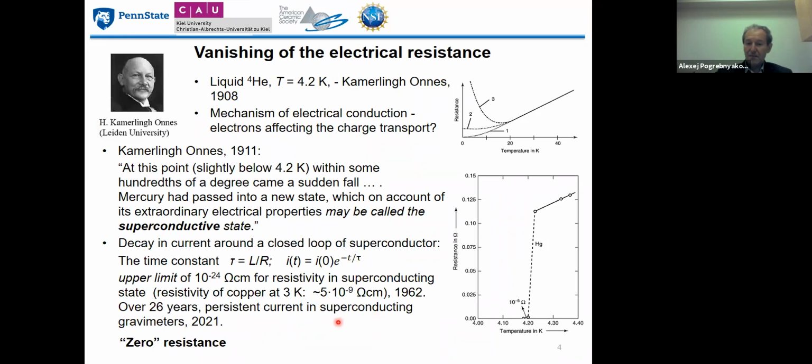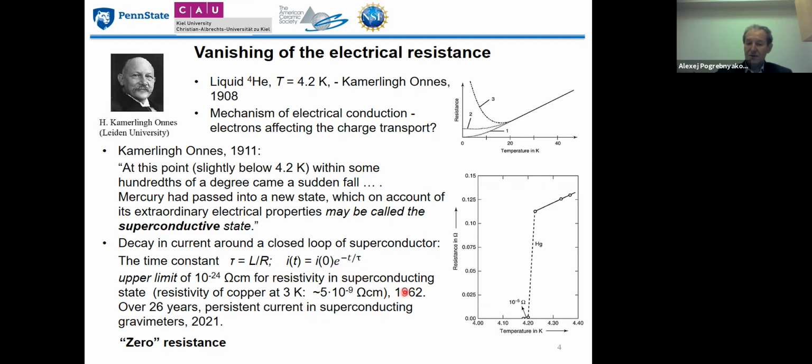Actually, experiments can be done, and were done, that consisted in inducing a superconducting current in a loop of superconducting sample, and measuring the decay of the current with time, as shown by this equation.